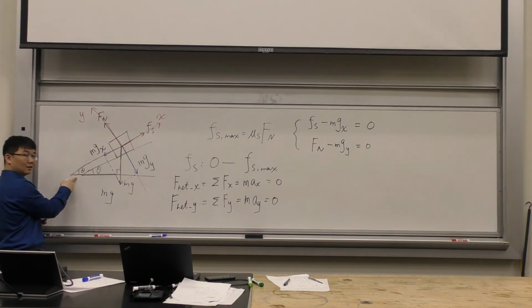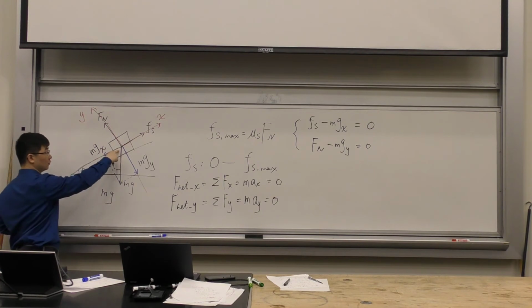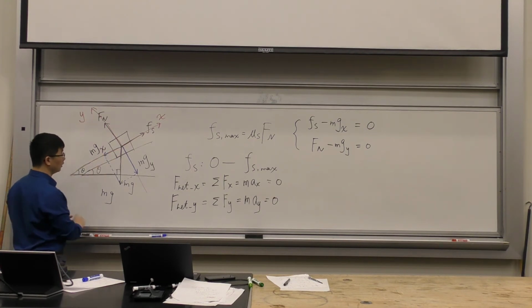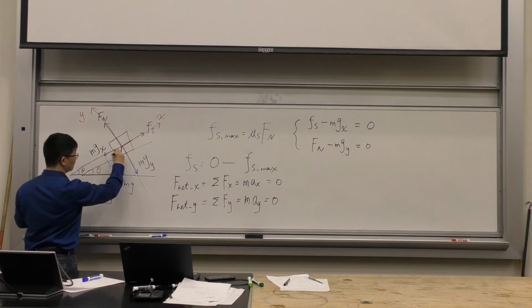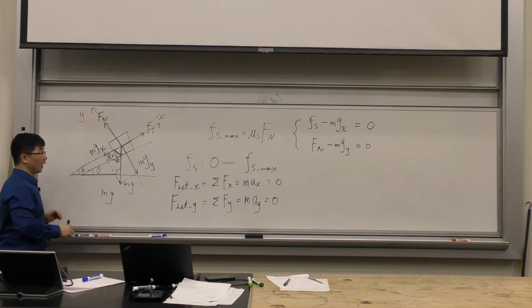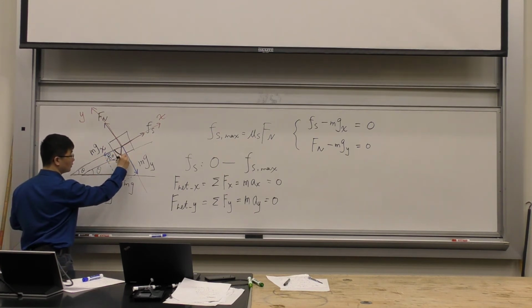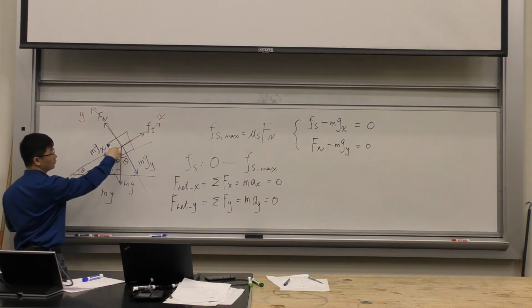If this angle is theta, what is this angle? Oh, that's going to be 90 minus theta, right? So this angle must be 90 minus theta. And if this angle is 90 minus theta, this angle must be theta. Why? Because this is a right triangle.